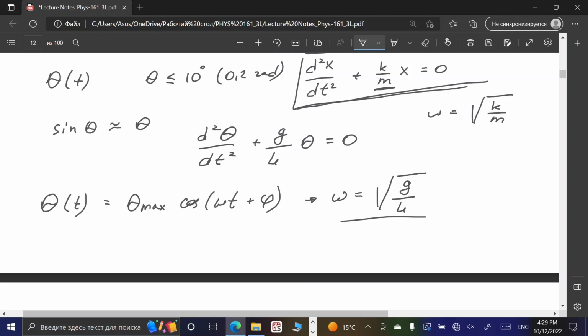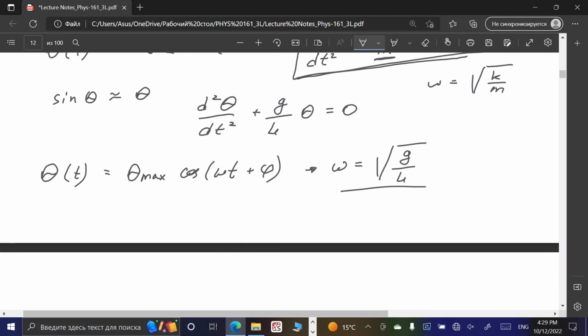of the mathematical pendulum. And we also can represent such parameters as period and frequency of the mathematical pendulum. So period T is equal to 2 pi divided by omega, that is equal to 2 pi square root of L, length of the pendulum, divided by g.